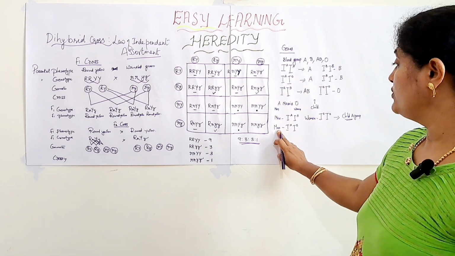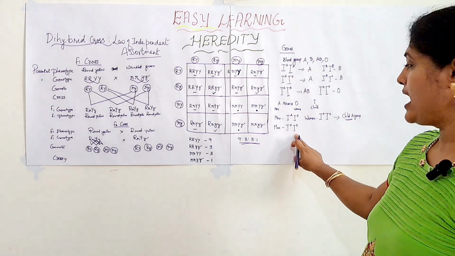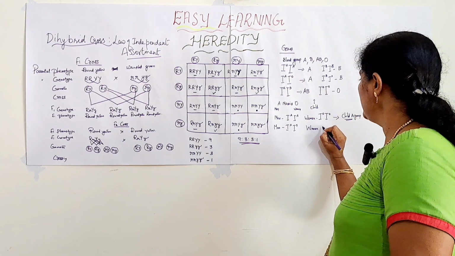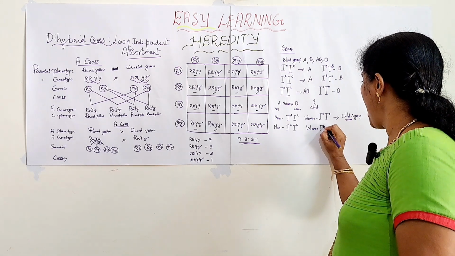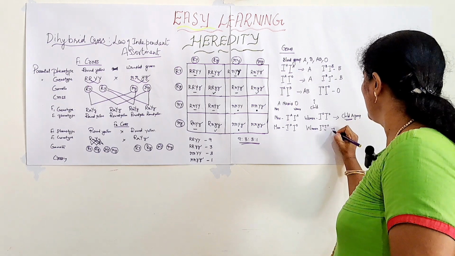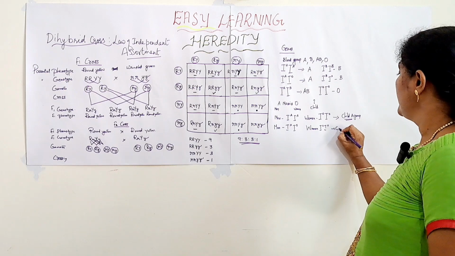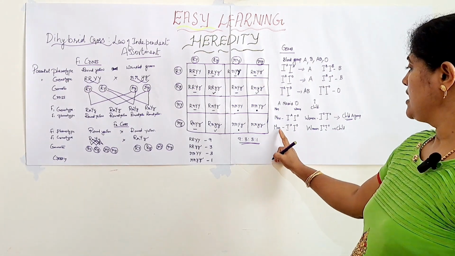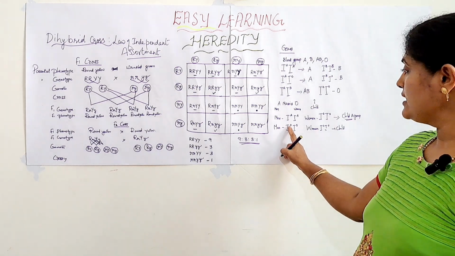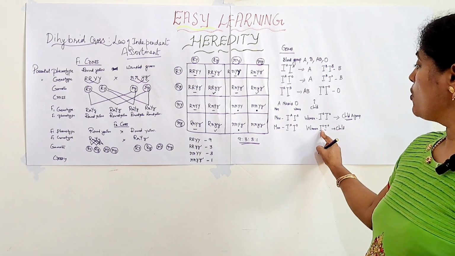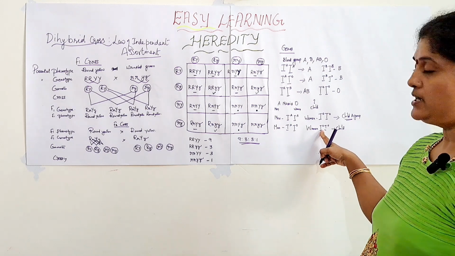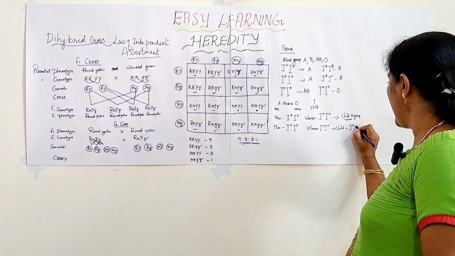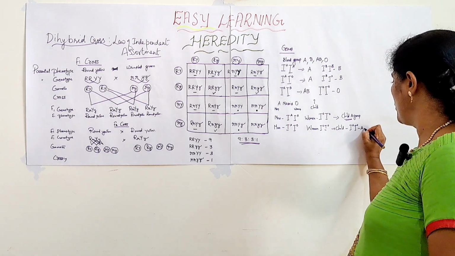So if the man's genotype is IA and IO and the woman's genotype is IO, then the child has two chances. That is, from the man, if IA is transferred, and from the woman, if IO is transferred, then the child will have IAIO, that is A group.